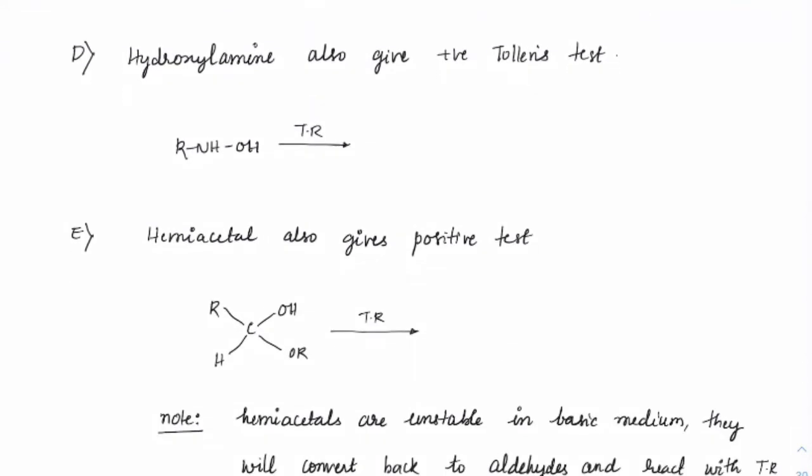Next, if you have hydroxylamine, you know hydroxylamine, NH2OH, right? NH2OH is what we call hydroxylamine. So if it is connected with some R here, this is alkyl hydroxylamine.